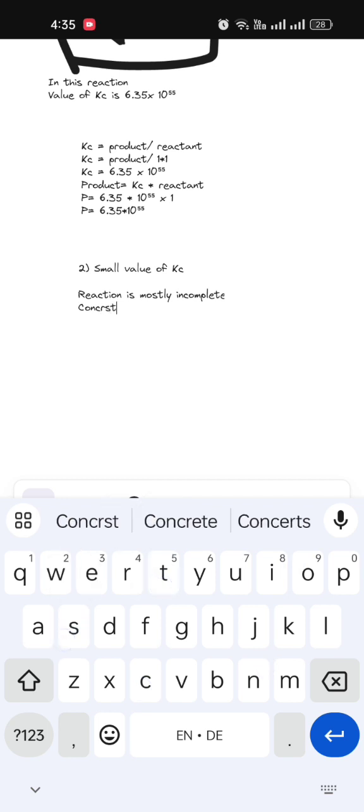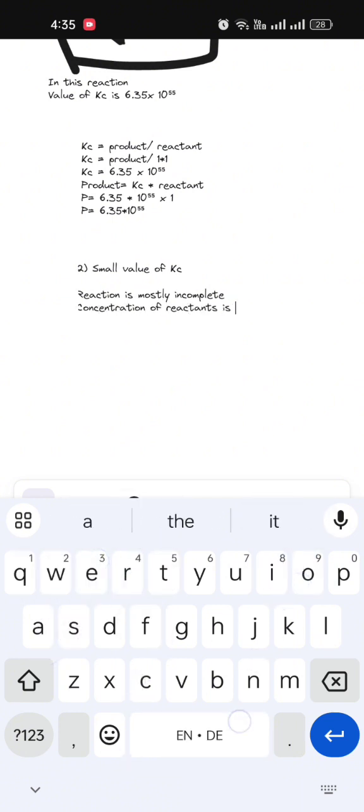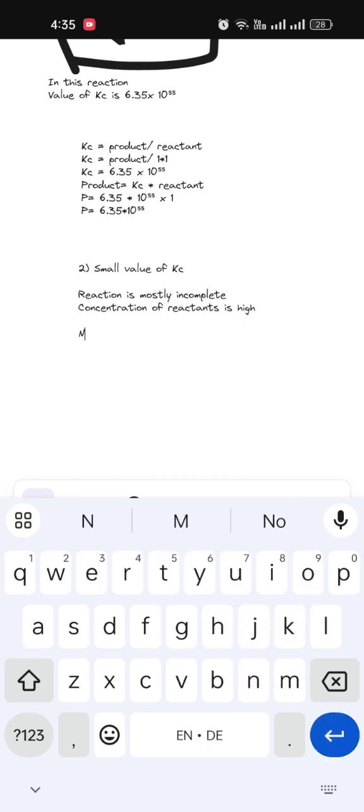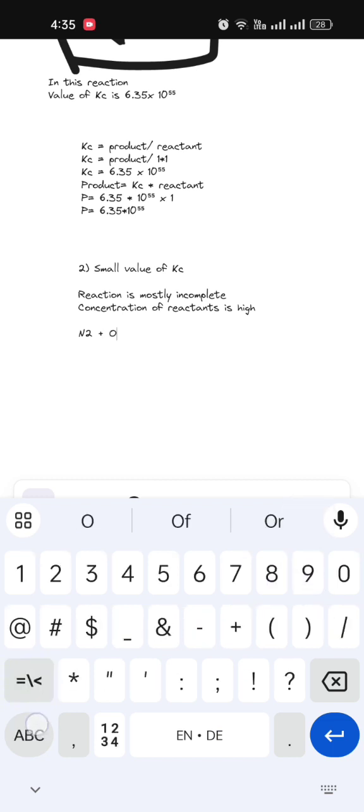The concentration of reactants is high. Suppose the reaction we have is N2 plus O2.